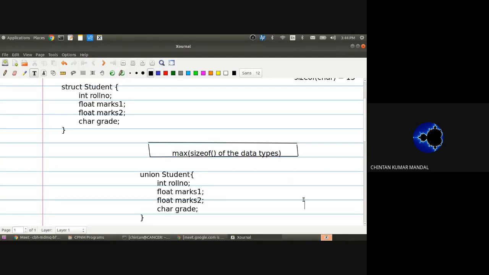Okay? So the size of this array, this memory allocation, will be the maximum size of all the data bytes. So among these, which data type has the maximum?